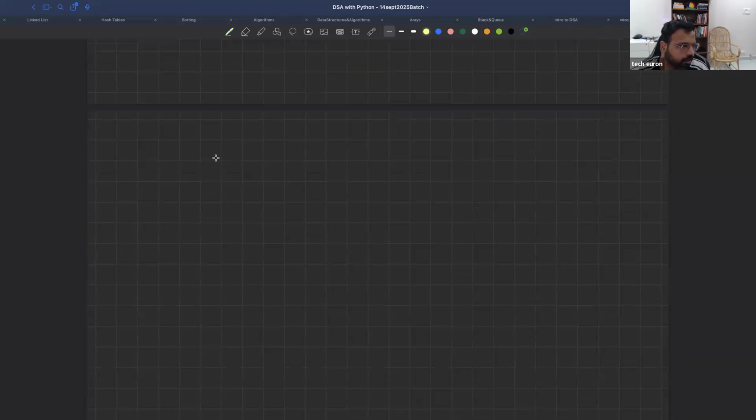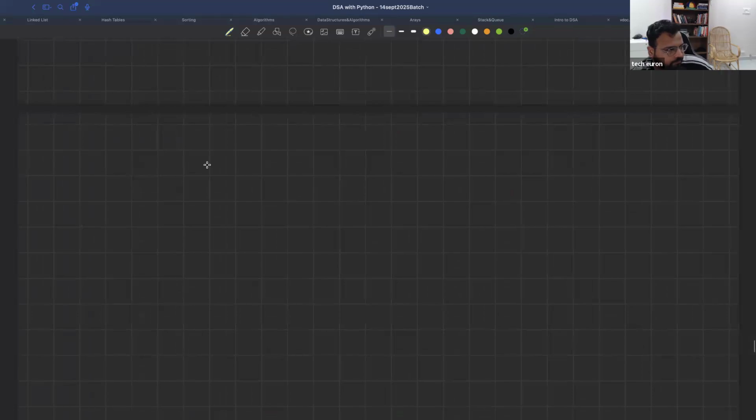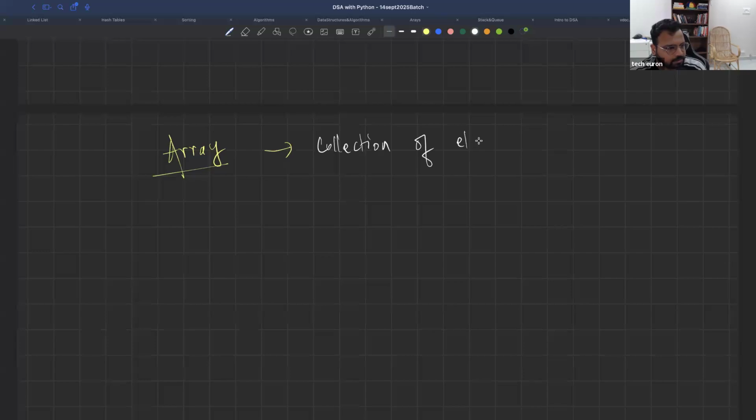What is an array then? If I have to give you a high level definition, can I say that it is a collection of elements of the same data type?